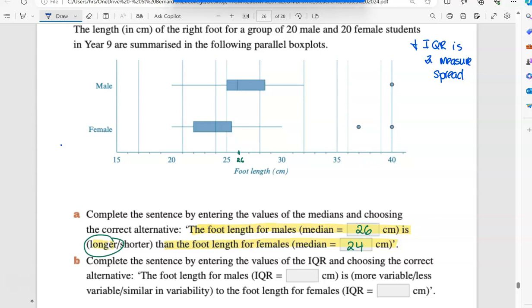So when we're comparing spread, we're going to use the IQR. The IQR is good for all cases. The range can be used. So remember, the range is maximum minus minimum, but it's no good if we have outliers, because it's not a really good indication, because the outliers make the range really big.